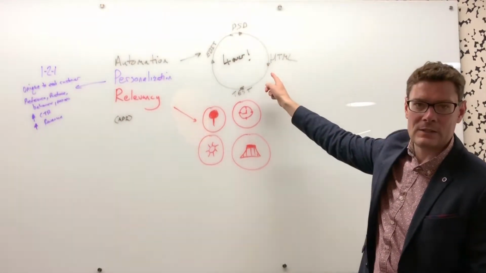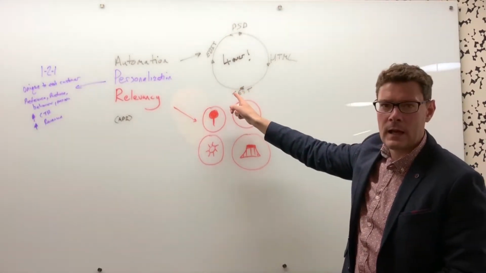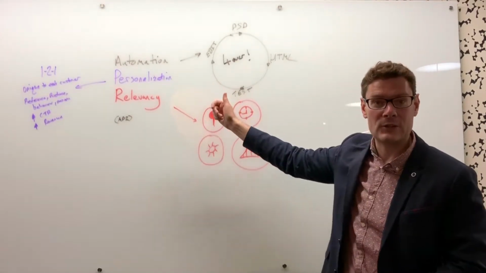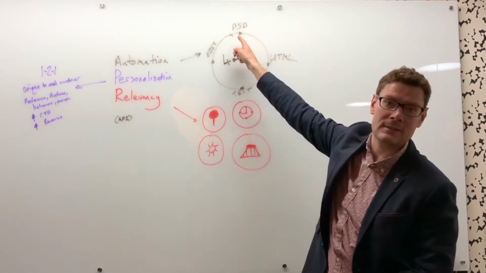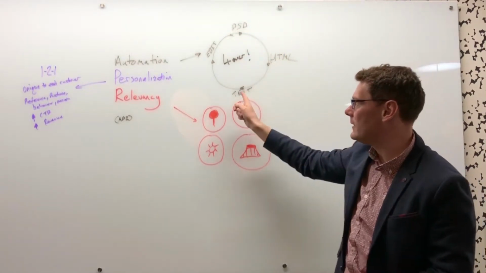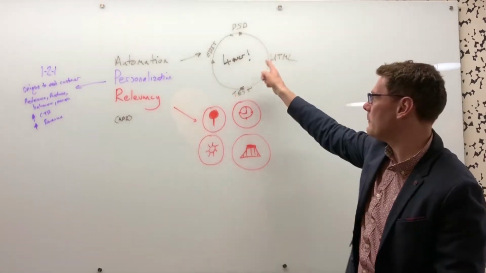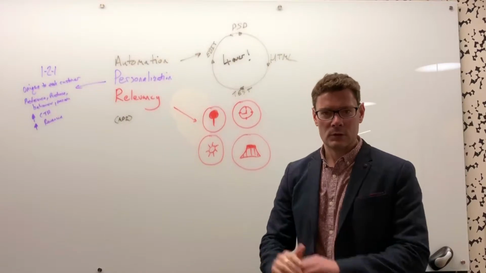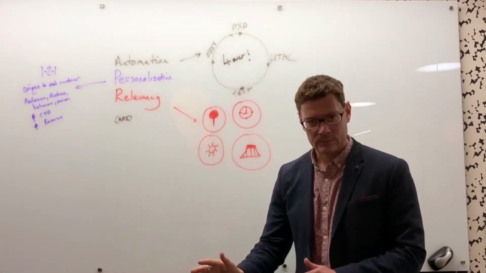It gets coded into HTML, you run some tests on it, and then something's wrong, or the offer changes, or a product goes out of stock, you have to edit it, and then you go back to the PSD, back to the HTML, test it, and then something else changes, it's a week later, and you get stuck in that build loop forever. If that's you, you're not going to be able to achieve personalization, so that needs changing.